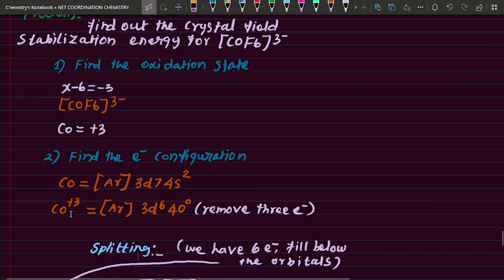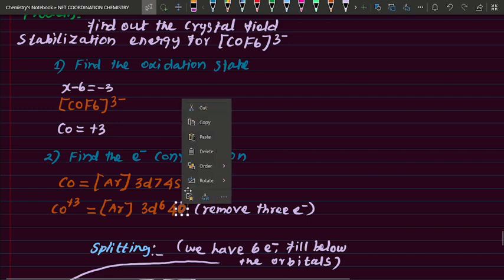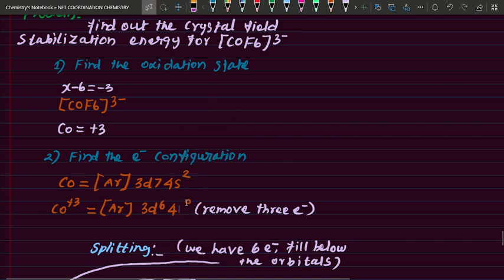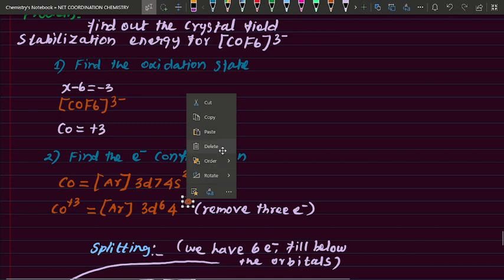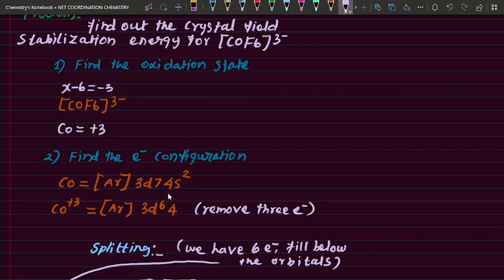So cobalt in plus 3 oxidation state has electronic configuration argon 3d6 4s0. Here remove the 3 electrons, because cobalt loses its 3 electrons.